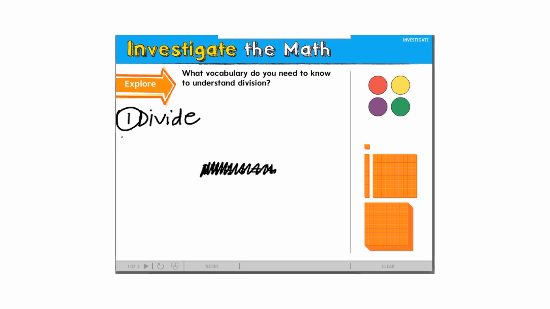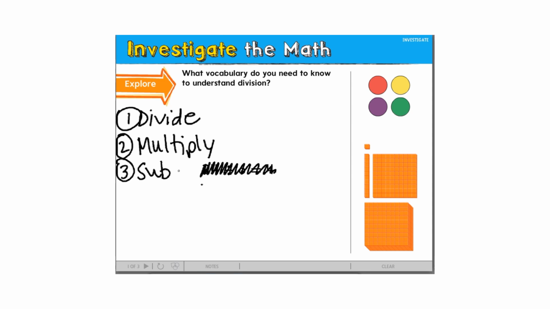So step number 2 is to use multiplication. Multiply to see what number is going to go underneath. Just write down these steps, and I'm going to show you an example to go with it. Step number 3 is to subtract.